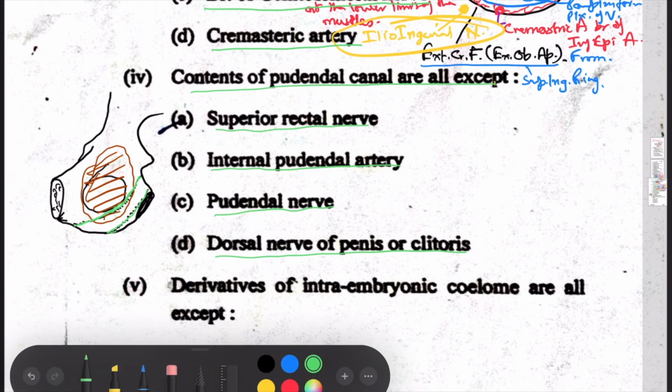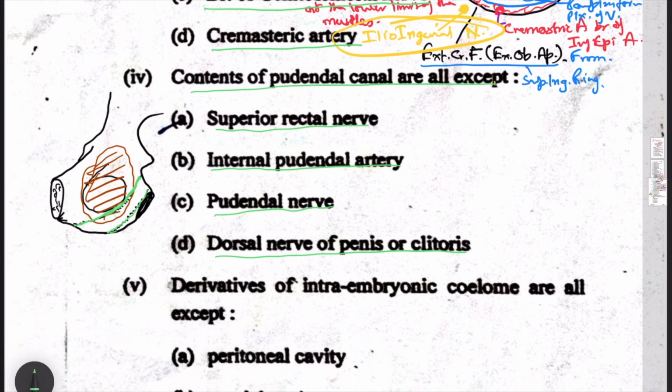So have you got the idea where the pudendal canal is located? It is located on the inner surface, the pelvic surface of the ischiopubic ramus, and covered by the obturator fascia.